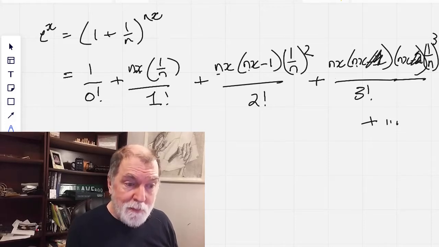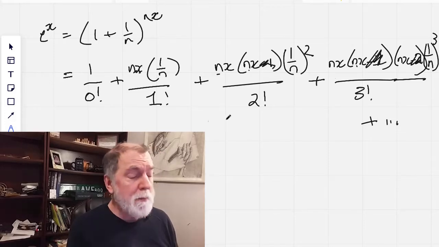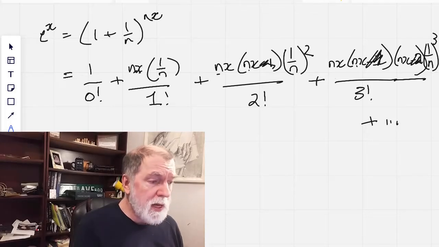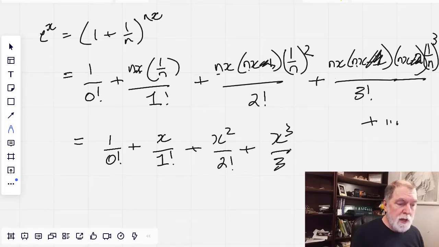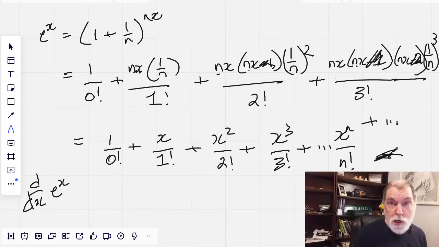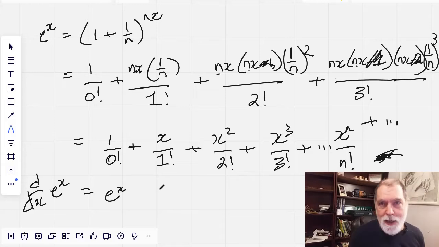These small numbers become irrelevant, and we end up with 1 over 0 factorial plus x over 1 factorial plus x squared over 2 factorial plus x cubed over 3 factorial plus x to the n over n factorial. Differentiate this function and you will find that you end up with the same function.